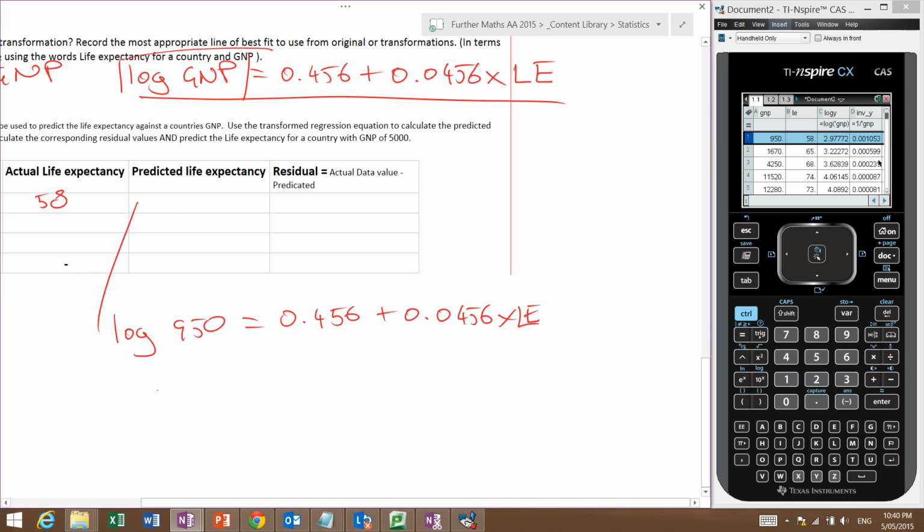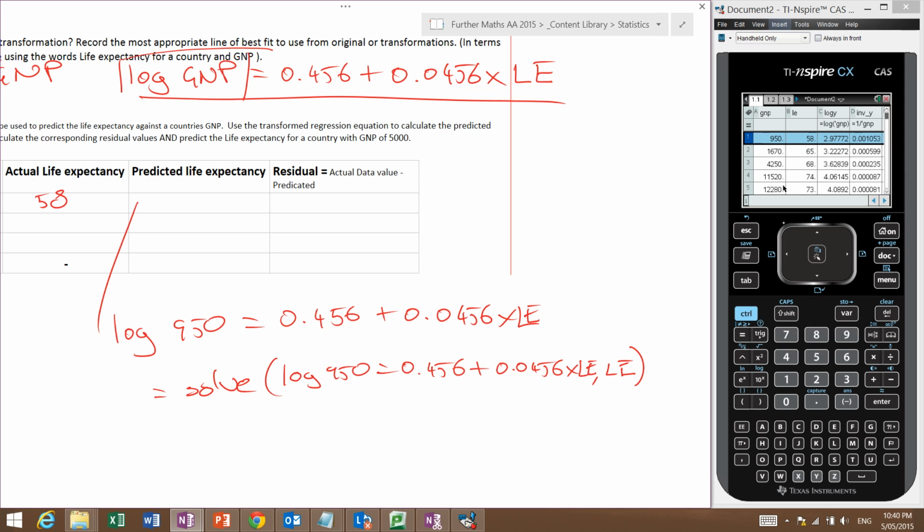So you can write equals solve log 950 equals 0.456 plus 0.0456 times LE. No, hang on, because you've got to go comma LE.